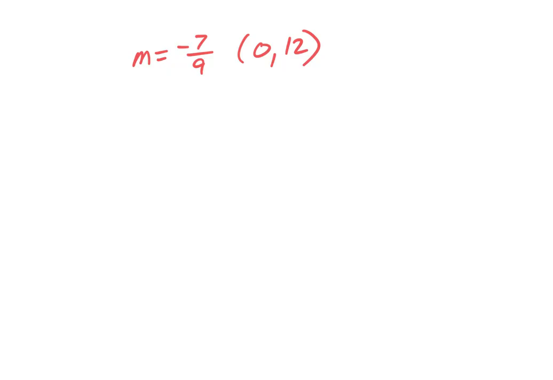It's the y-intercept, right? If a point starts with 0, it always ends up on the y-axis somewhere. They don't just come right out and say 12's our y-intercept, but we know that this graph is going to hit the y-axis at 12. So we can easily determine that our y-intercept is 12.